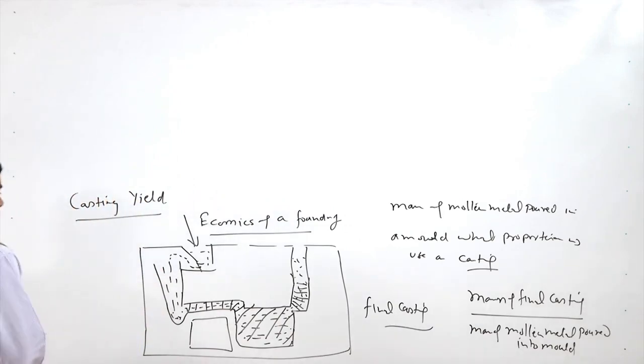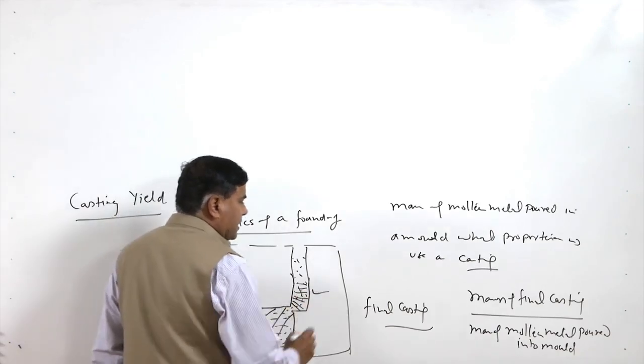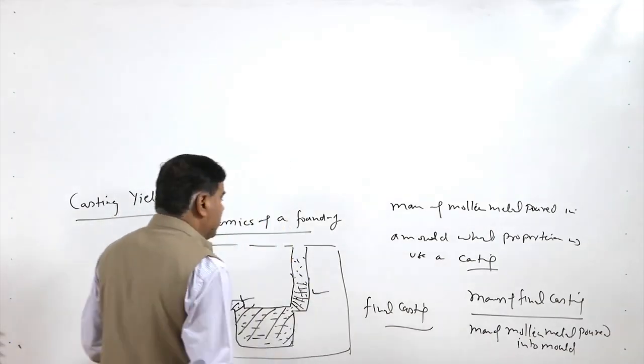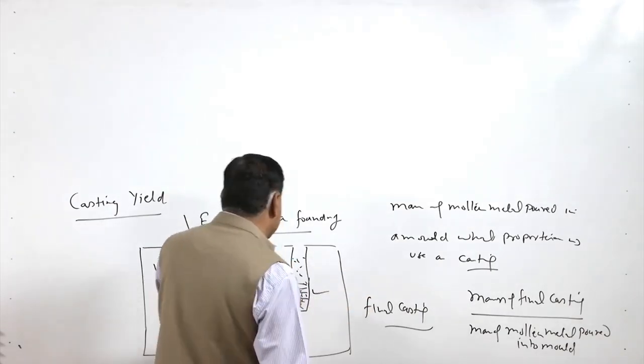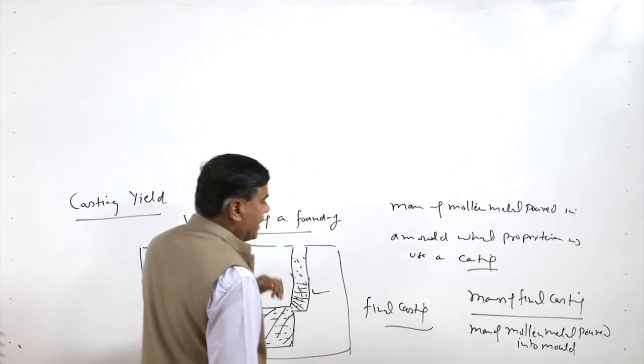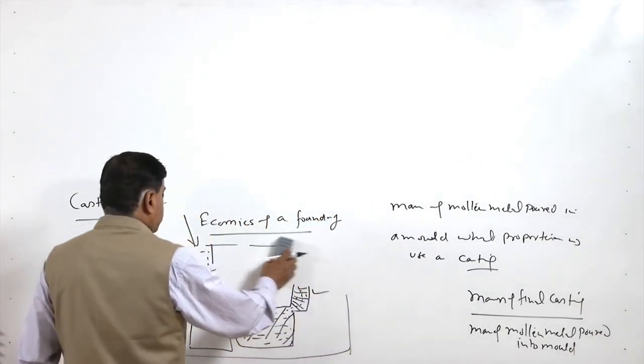All this metal solidified in the runner, ingate, and riser is not actually used in making the casting, but needs to be removed from the casting and remelted as a raw material.